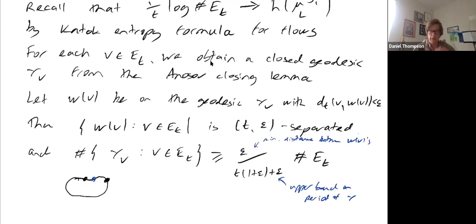V came back close to itself at a time which the biggest it could have possibly been was t times 1 plus epsilon. Then I closed it. Closing it might have shifted it by an additional epsilon. That's the longest thing I could have possibly created. Then there's epsilon divided by that number, possibly on the same thing. So that's the worst collapsing I can get of this number onto the same geodesics. So the number of geometrically distinct geodesics is bounded by this.